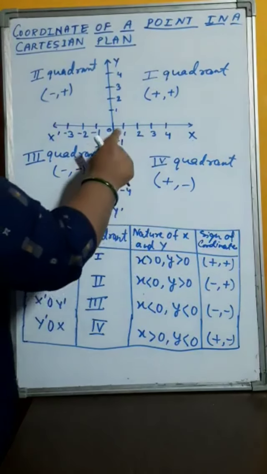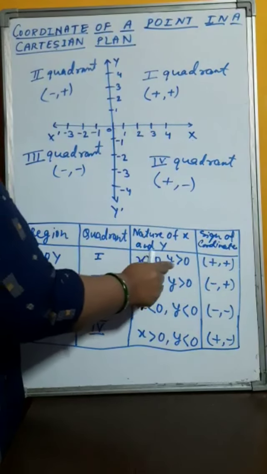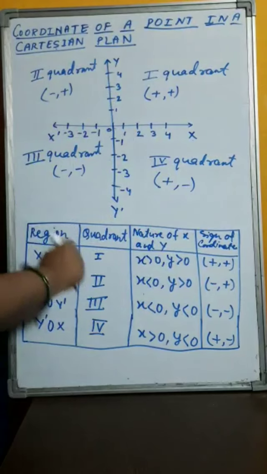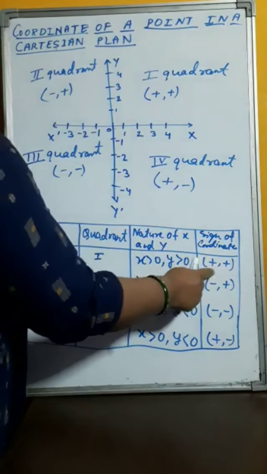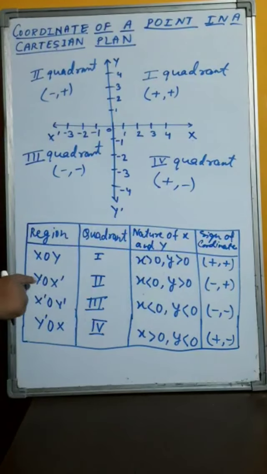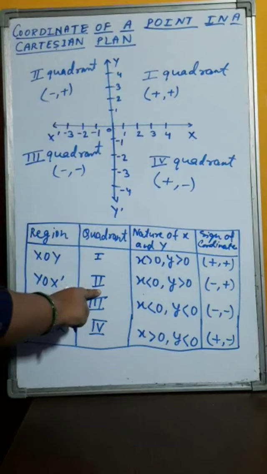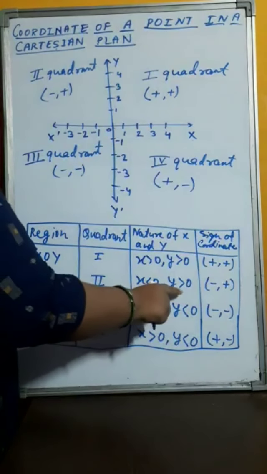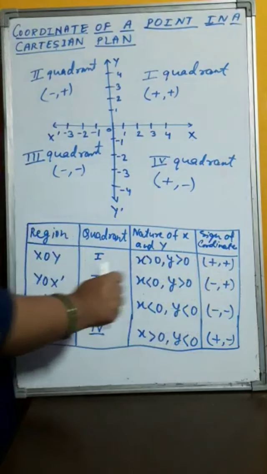You can see x greater than 0 means positive values of x are taken, and y also greater than 0, positive values of y are taken, and the sign of the coordinates is plus plus. Second quadrant, YOX dash: x less than 0, y greater than 0, and the sign of coordinates is minus plus.